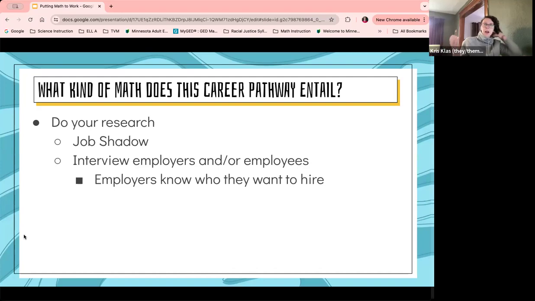And because they had that employer relationship, I was actually able to interview the people who do the hiring and say, what kind of skills do you look for? What kind of stuff do you want your employees to be able to do so that I can incorporate that into the curriculum?